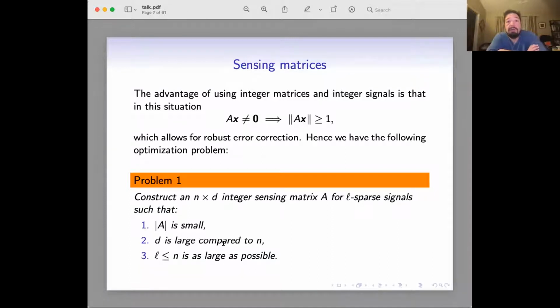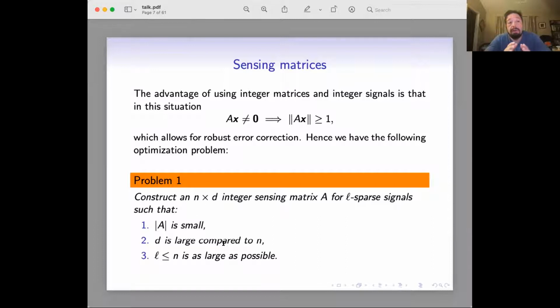So in other words, we have the following optimization problem. We want to construct an n by d integer sensing matrix for L-sparse signals such that, first of all, the size of coefficients, the sup norm of my matrix A, is small.